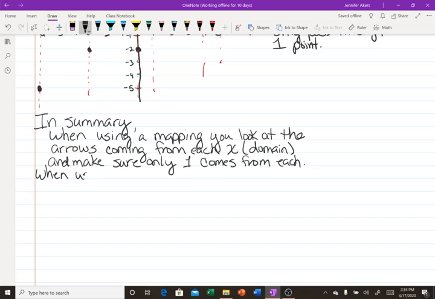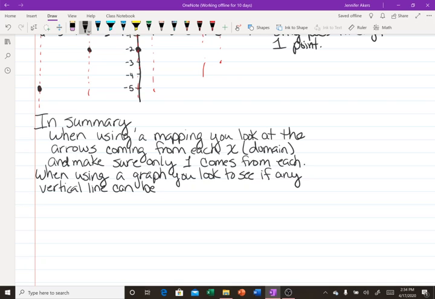When using a graph, you look to see if any vertical line can be drawn that passes through more than 1 point.